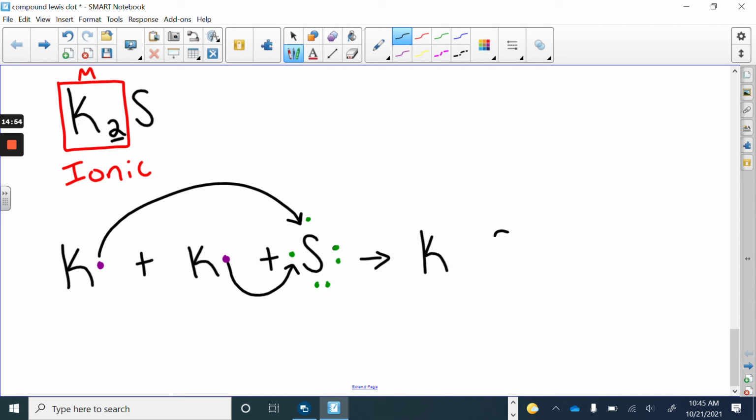Include our valence electrons. Sulfur is the one that gets all of our valence electrons. Add the ones from potassium. It is ionic, so don't forget to put your brackets.